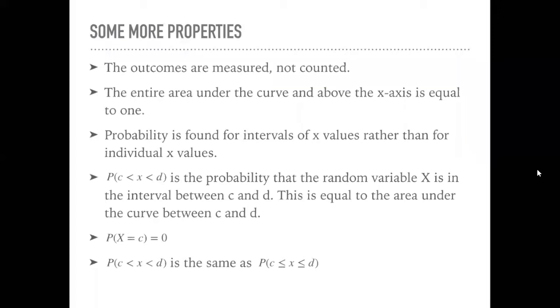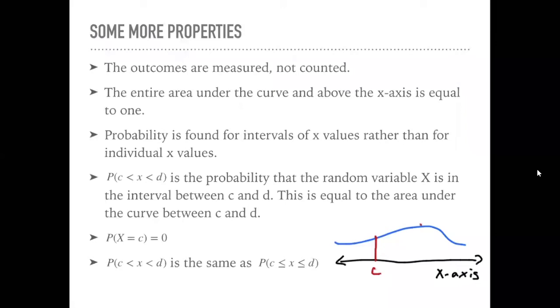Now, thinking about that a little bit, I'm going to draw a picture here. So here we have our x-axis. And I'm going to draw in blue some sort of curve there and find a probability.